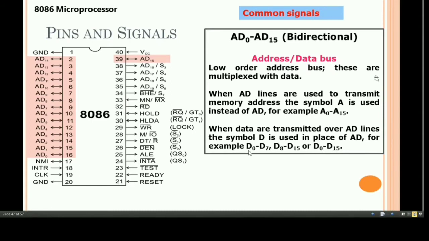Means if 8-bit data has to be transferred, then either D0 to D7 pins or D8 to D15 pins are used, and for 16-bit data D0 to D15 pins are used. So this is about the multiplexed address and data lines, which are on pins 2 to 16 and 39. So this is the bidirectional address and data bus.